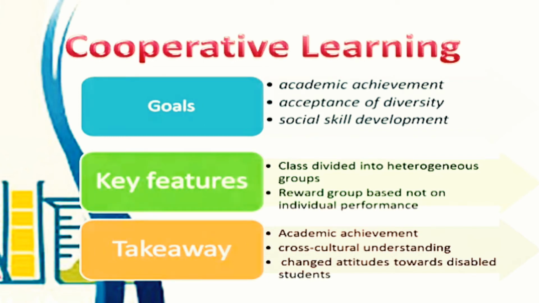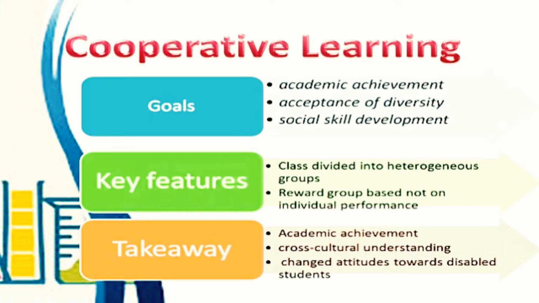The goals of cooperative learning are academic achievement of the child, the acceptance of diversity as the groups are heterogeneous, and development of social skills. The key features of this type of learning are that the class is divided into heterogeneous groups and the reward is based on the group performance and not on individual performances.